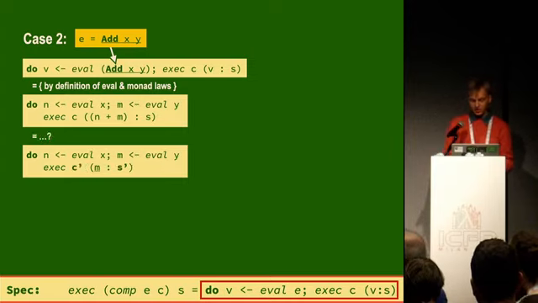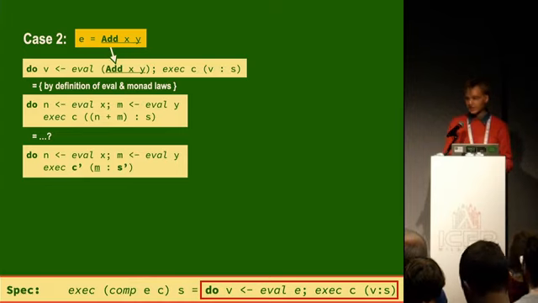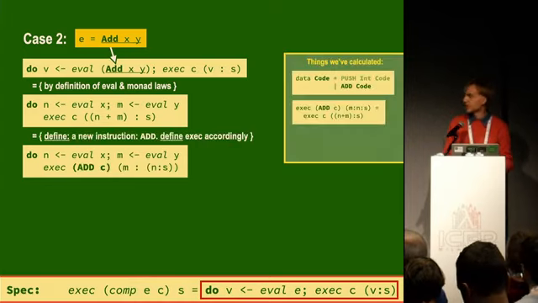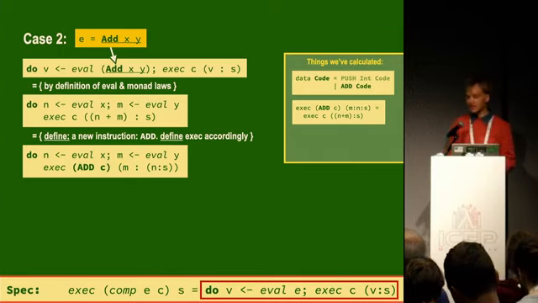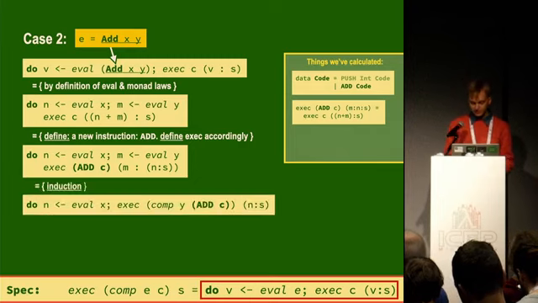So, this is what we want. And I can just add a new instruction to put it into this form, right? So I can add an instruction called add, which rearranges things exactly in the way that I need to put it into this form. And if I do that, I can then apply induction once. Fortunately, it's in the form again where I can apply induction a second time.